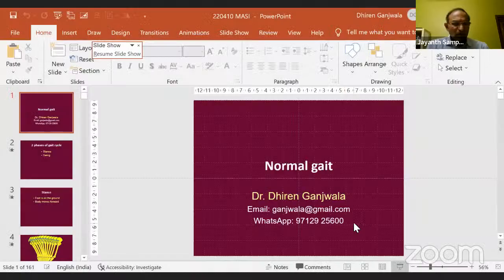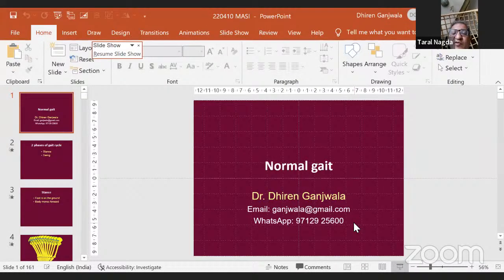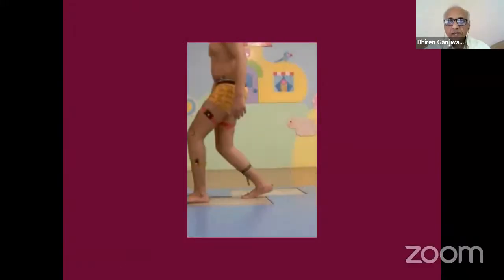Then I will continue. Please continue. Because then we can finish off the whole of the gait cycle in a single session. That would be really nice. You agree, Taral? Yeah, absolutely. As Dhiren said, it's a symphony, and you cannot break the symphony. Without the hip, the gait cycle is incomplete. Okay. Can you see the slide?